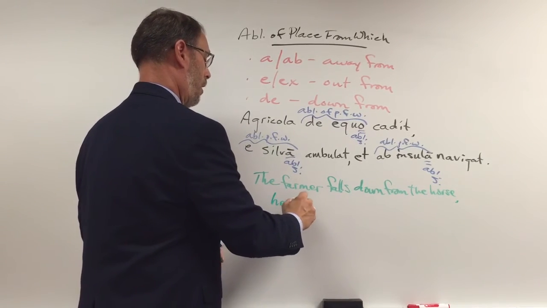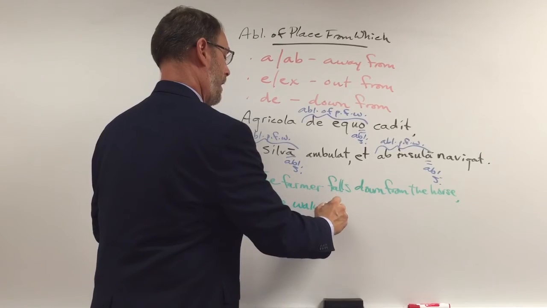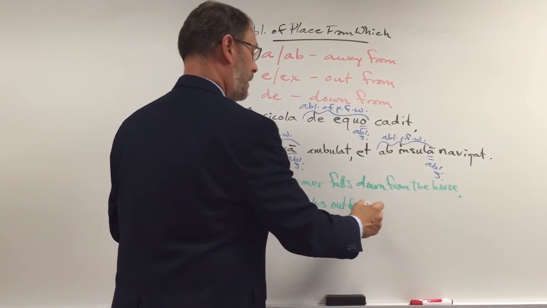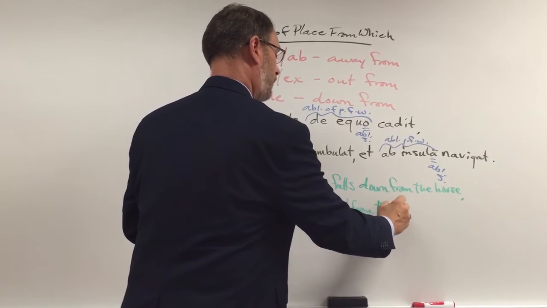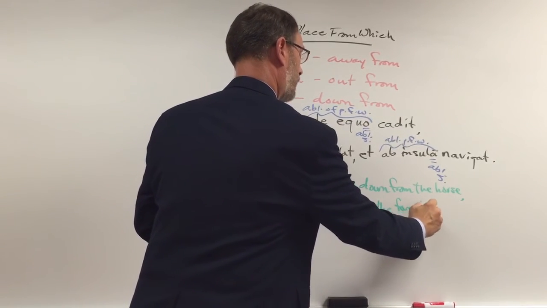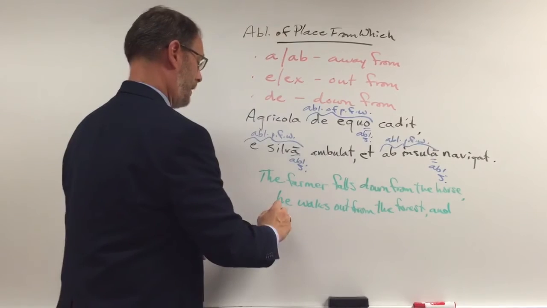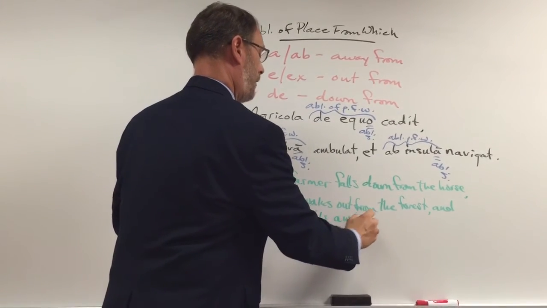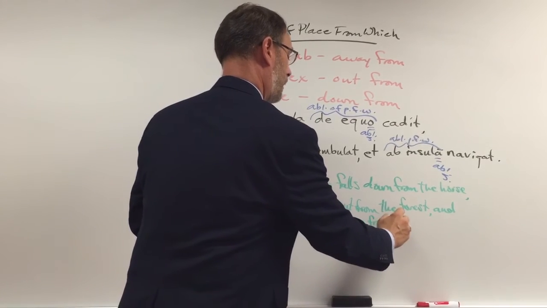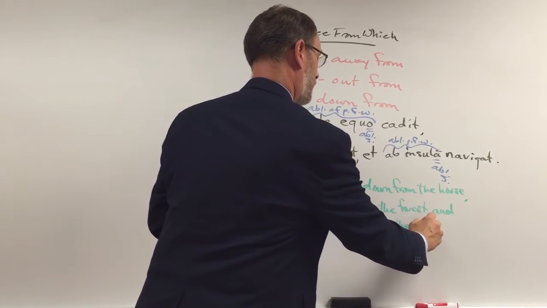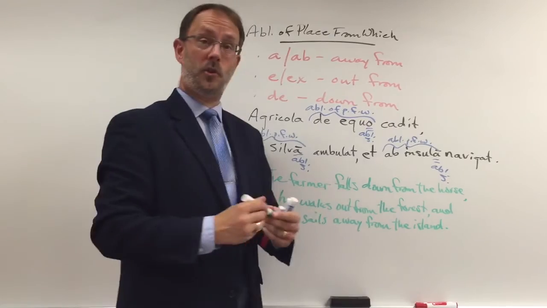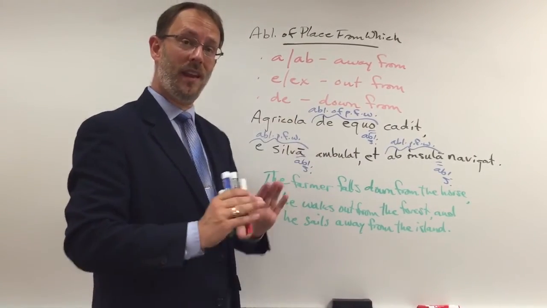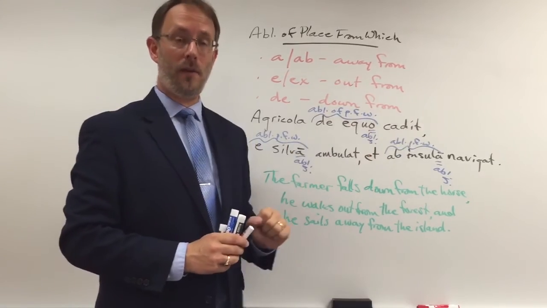He walks out from the forest, and he sails away from the island. So when it comes to moving from something, there are three relationships. You could be moving down from it, out from it, or away from it.